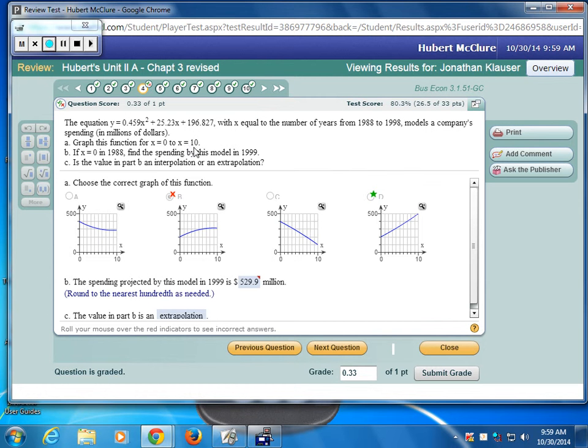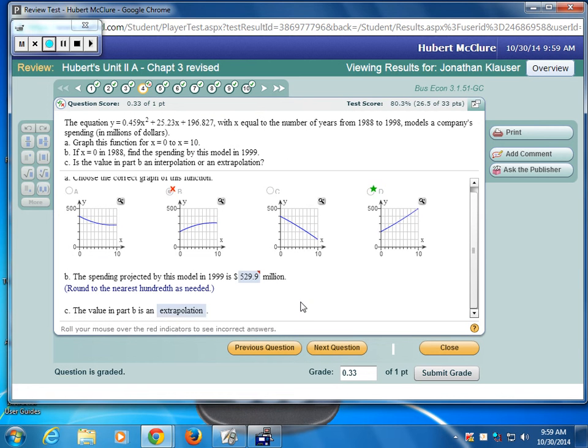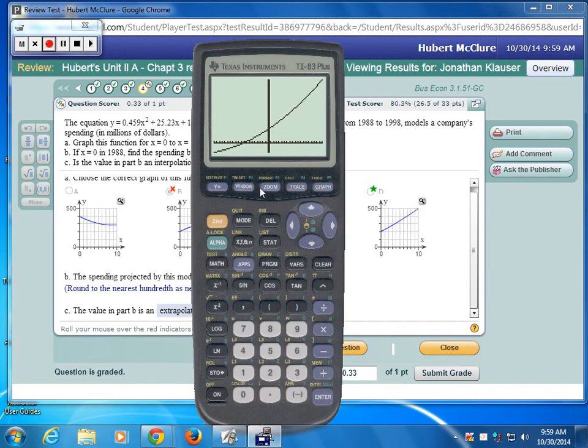It's out of the range, really, but go ahead and do it. Go to trace, or go to window, or table, and go to x is equal to 11.